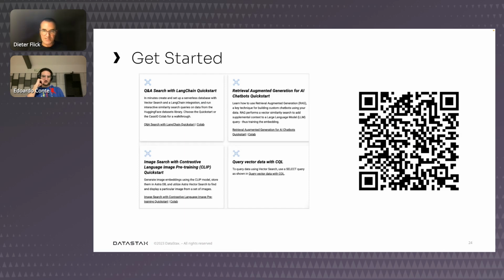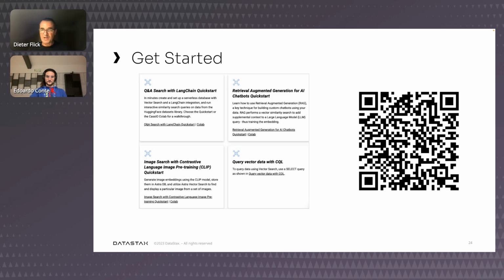If you are excited by the things we have learned today, it's easy to get started by taking a picture of the QR code here on the right-hand side. It will navigate you through our docs to the Astra docs. Within the docs, there are a lot of getting started guides.